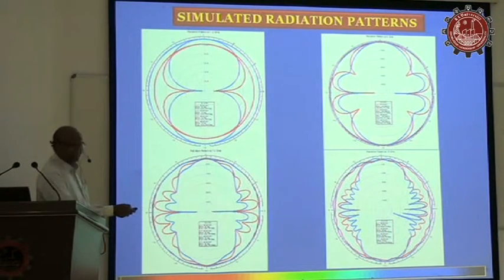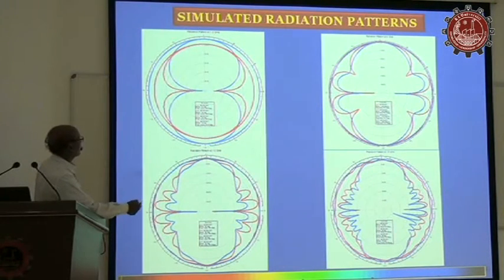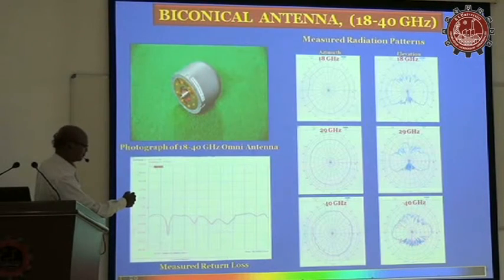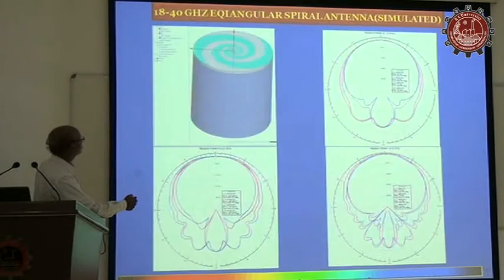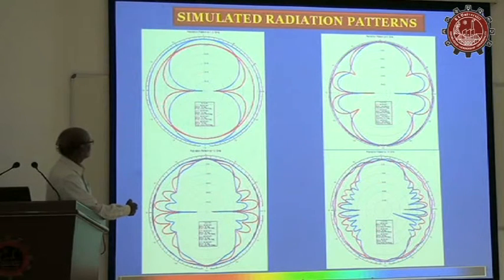You see, these are the simulated patterns. This is the omni pattern, as well as the slant 45 degrees, because I am going to use it for slant 45 degrees. At the lowest frequency only a small deviation from vertical polarization to horizontal is there.